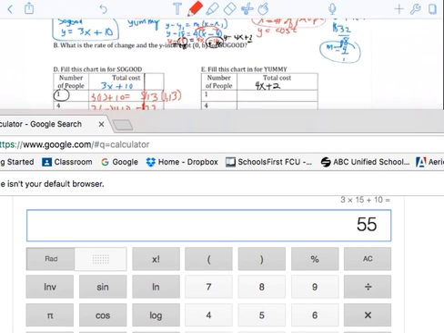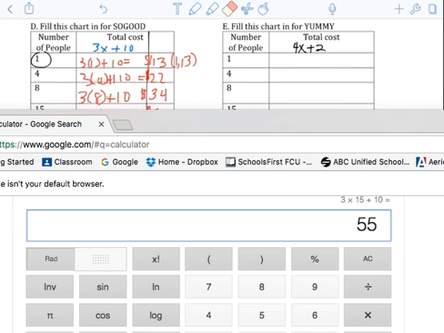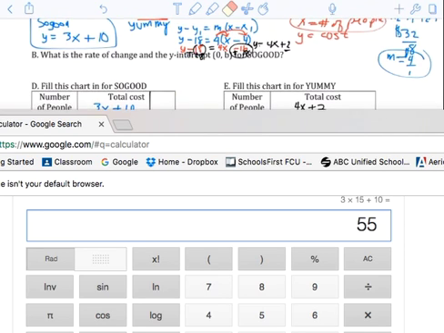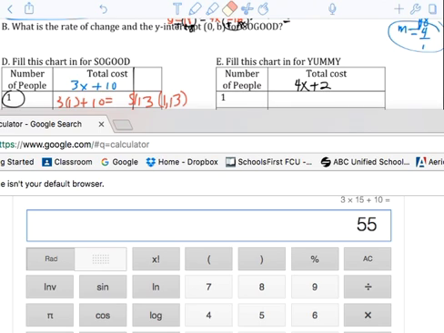Okay, now let's do the same for Yummy. 4 times, let's do this in blue, 4 times 1 person plus $2. You're only paying $6 here. 4 times 4 people plus $2.